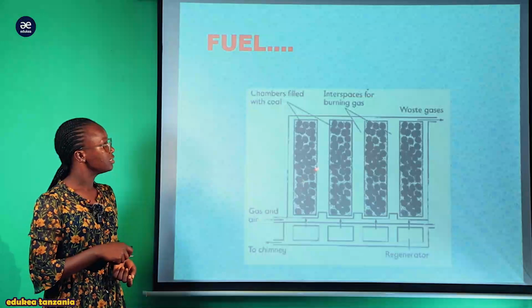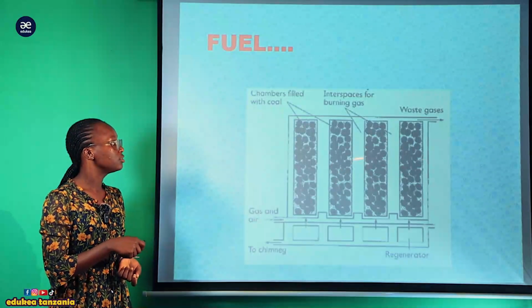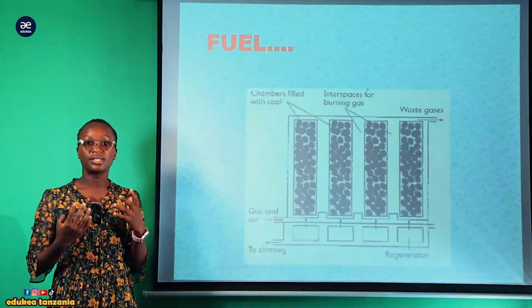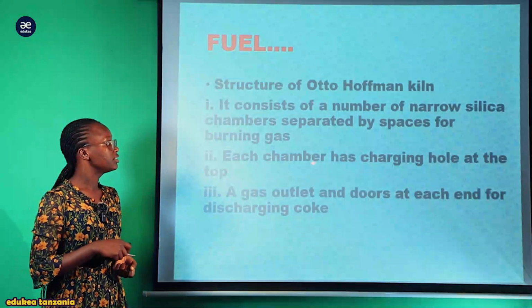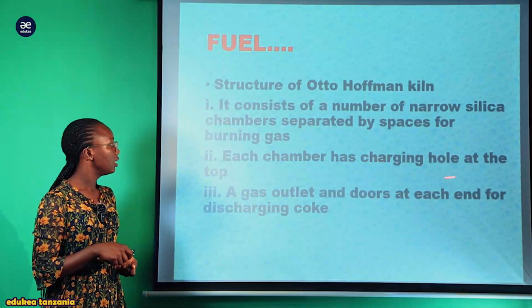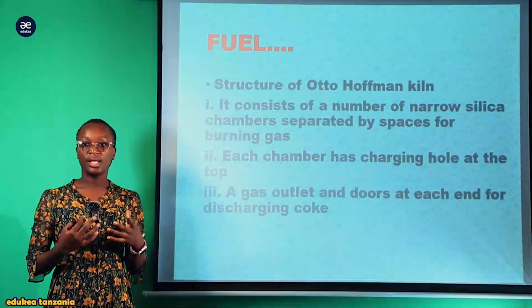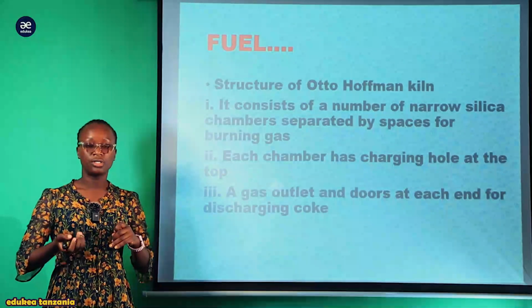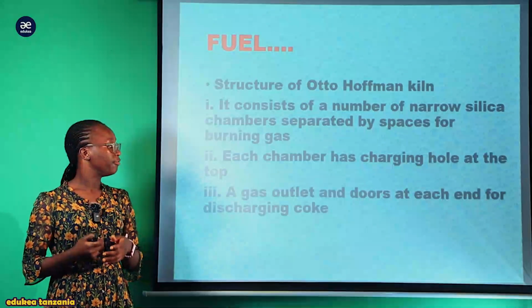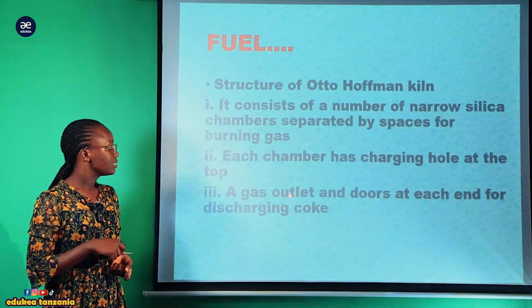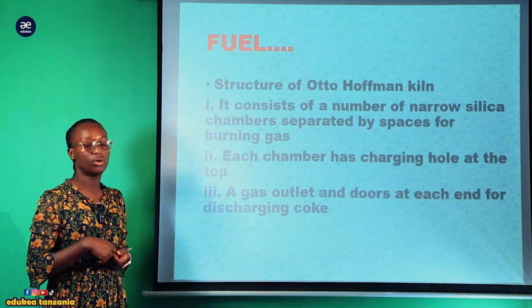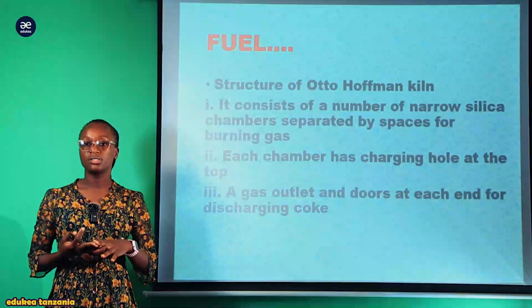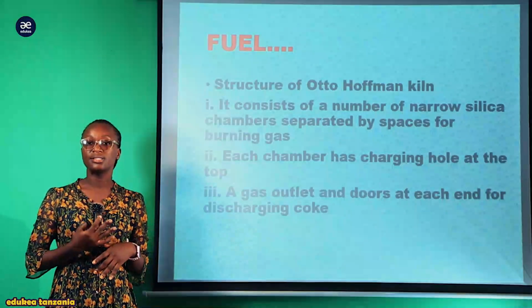Also, each chamber has a charging hole at the top, kwamba kila chamber ina charging hole so as to extend the supply of air, a gas outlet, and doors at each end for discharging coke. Kwamba after that, the whole mechanism followed, finally is where we can obtain our final product, which is coke.